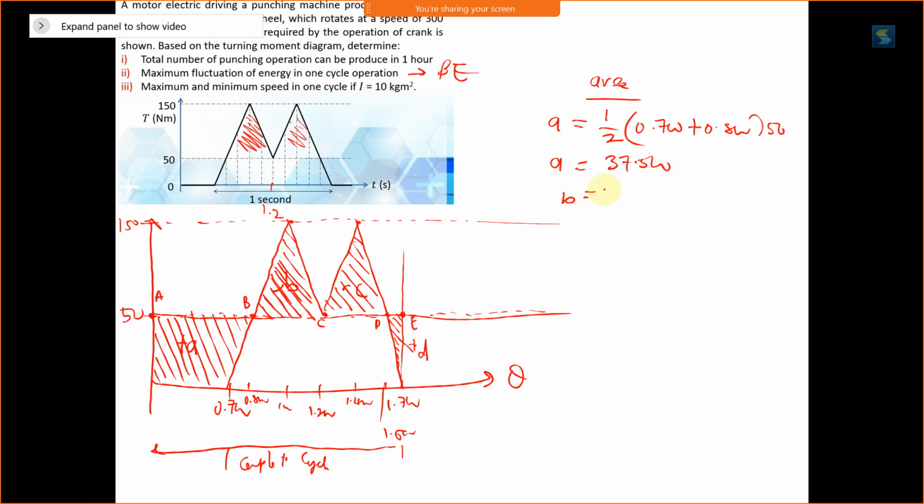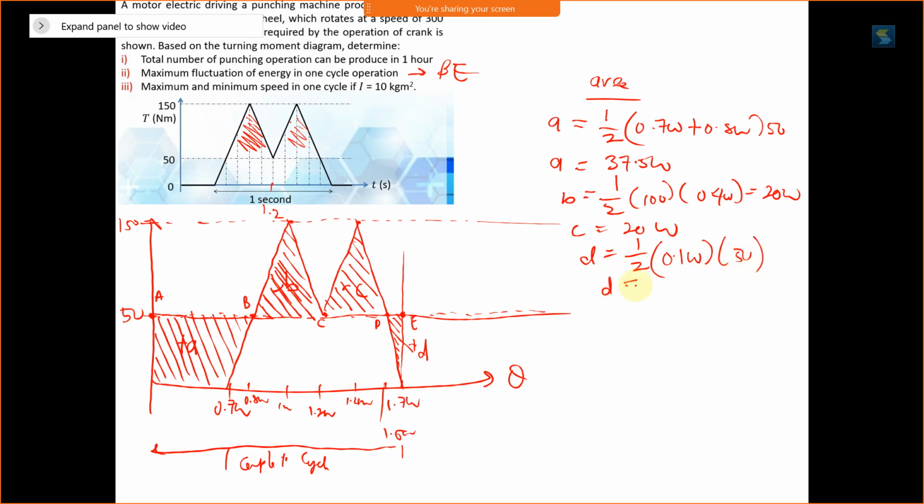Area of B next. So what is our area of B? Since B and C are actually roughly the same, we can take B equals 1/2 times 100 times 0.4 omega, which is 20 omega. C is also the same, 20 omega. And D equals 1/2 times 0.1 omega times 50.